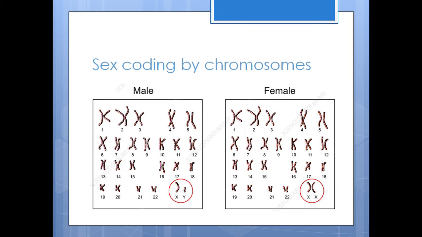So this is also something you have to know. 2 X chromosomes and the organism develops into female. A human organism, of course, because in some other species it may be different. If a human organism possesses X and Y, it typically develops into a male individual. It should be like that.